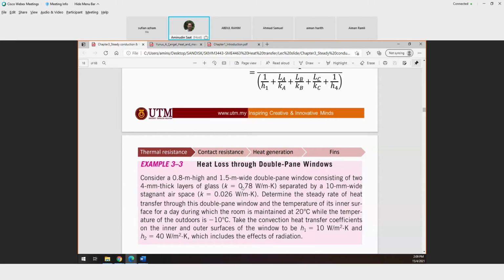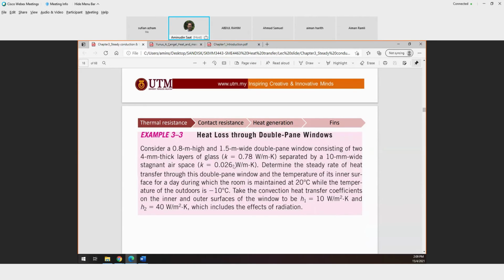For example, the equations and the properties, like in this example, the K for the glass is 0.78, the K for the air is 0.026.